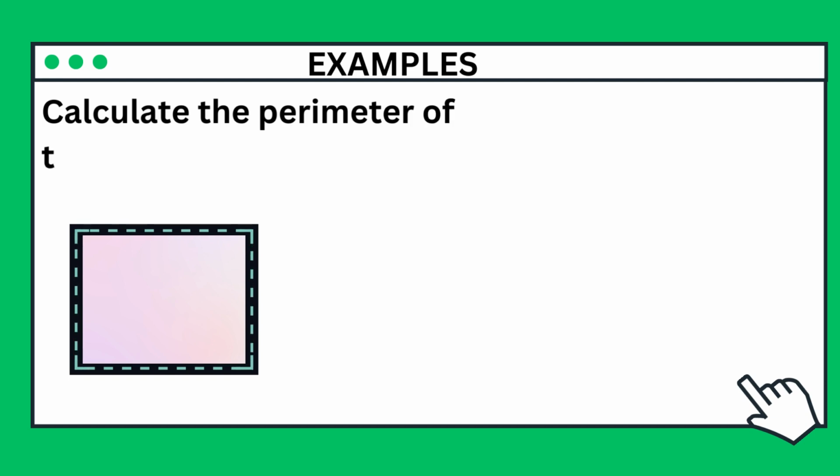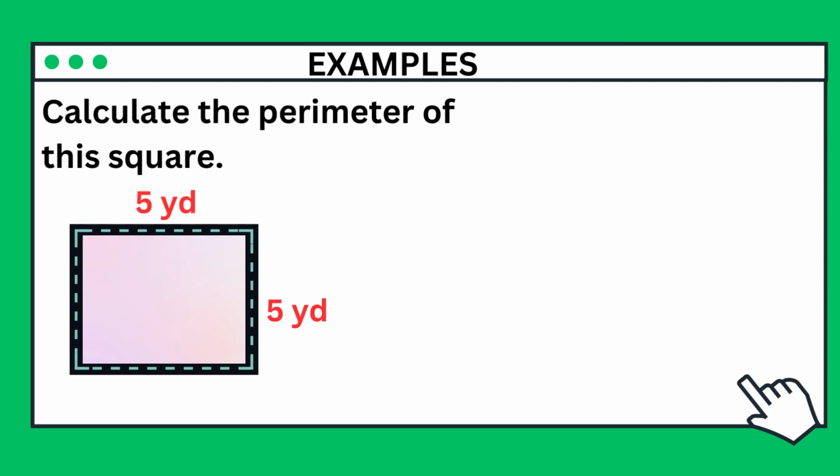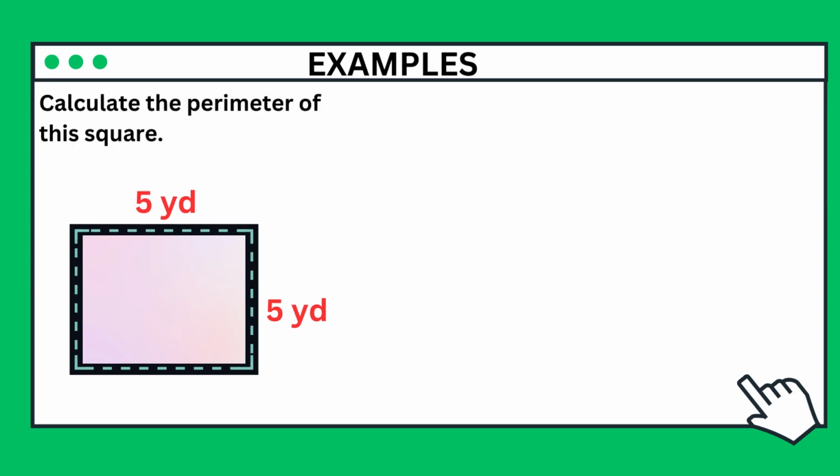Next is calculate the perimeter of this square. And the given is 5 yards each side. So for our solution, again, the formula, P is equal to 4a. So our given is 5 yards.